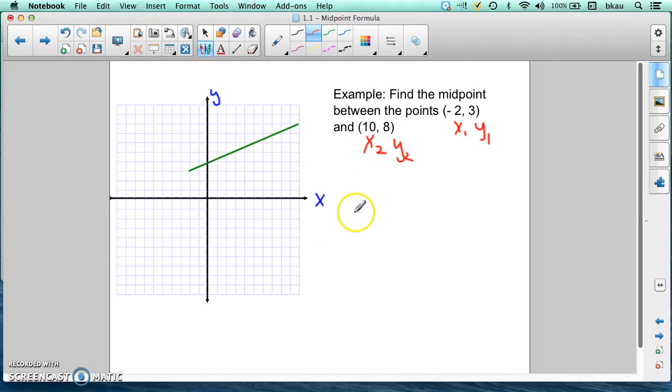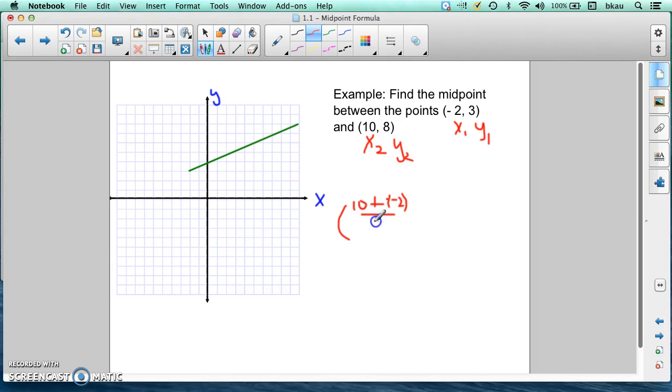So basically we're going to use an average of the x coordinates. So we're going to take x2, that's 10, plus x1, which is -2, and then we're going to divide that by 2.